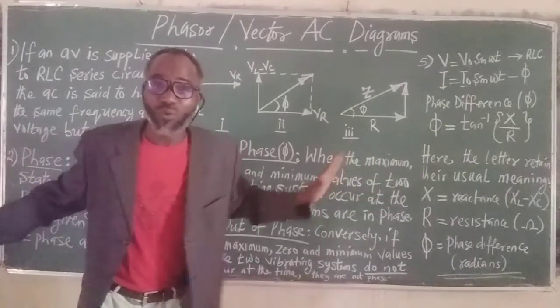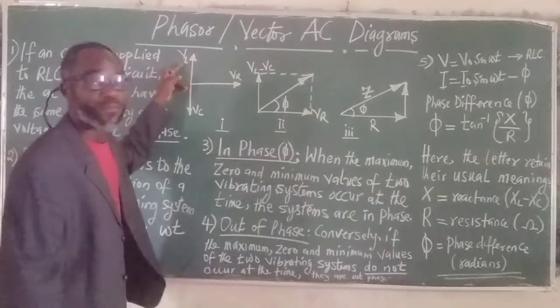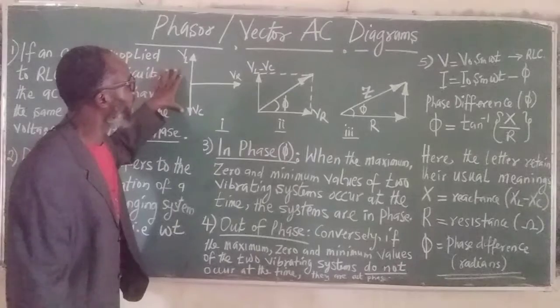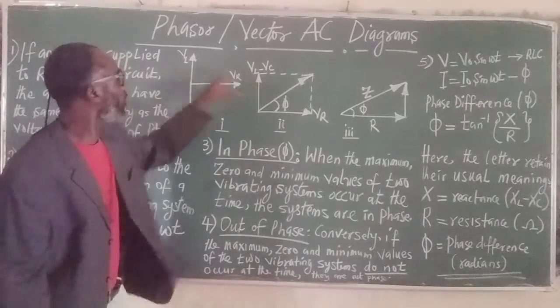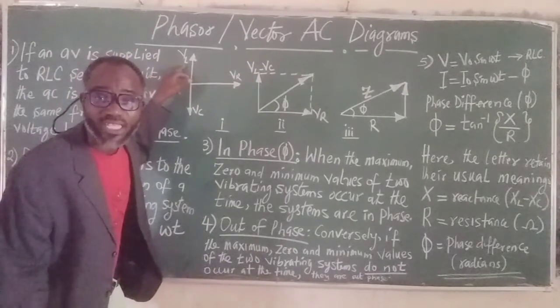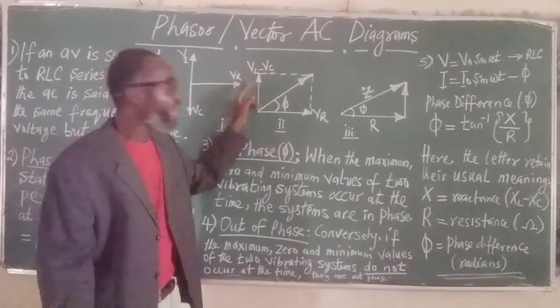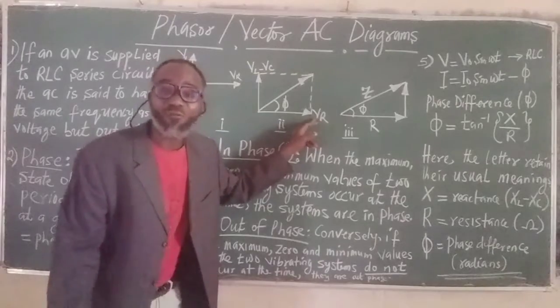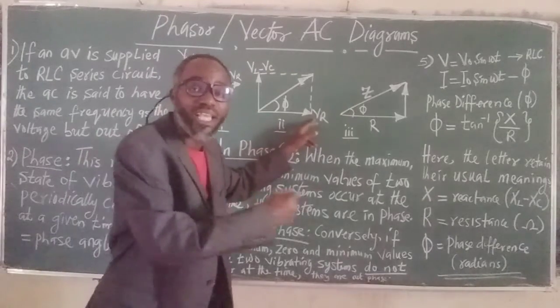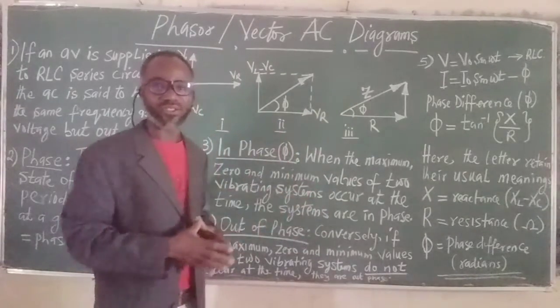One is leading, the other one is lagging. The same thing applies here. And that's what we have. You can see the combination of inductive voltage and the capacitive voltage here, making a point here. And the resistive voltage is having an application along the horizontal axis.